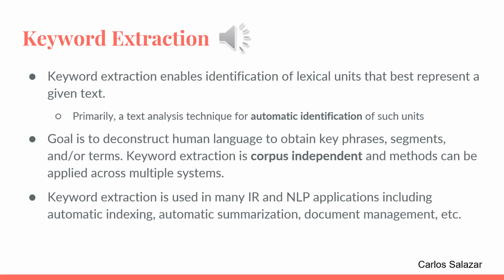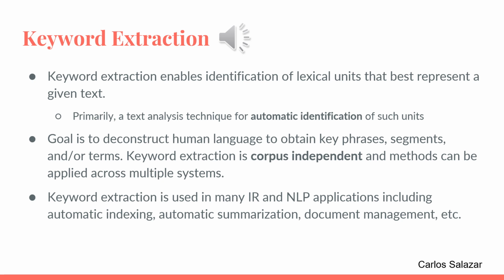Now we can move on to what the keyword extraction technique is. Keyword extraction is a technique that enables the identification of lexical units that best represent a given text. It is primarily a text analysis technique that automatically identifies these units in a document.